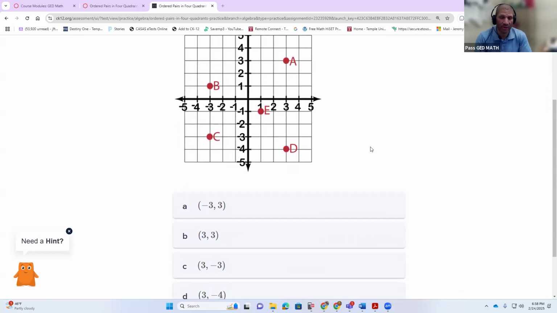So right here, what would be the coordinates of point A? Would it be minus 3, 3, or 3, minus 3, or 3, minus 4 for point A? It'll be 3. Yeah, X is 3. And what will be your Y?